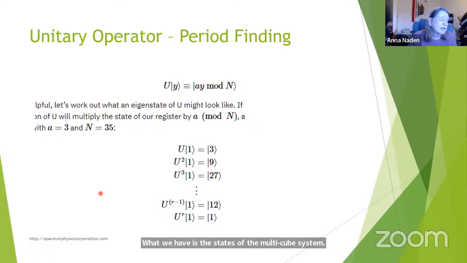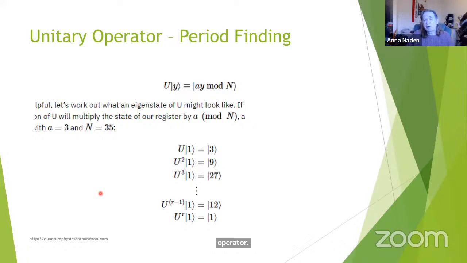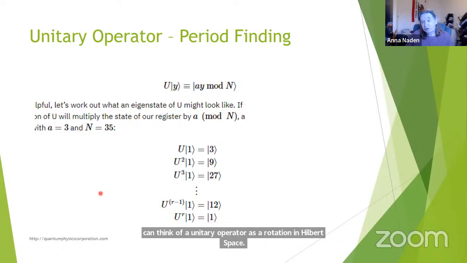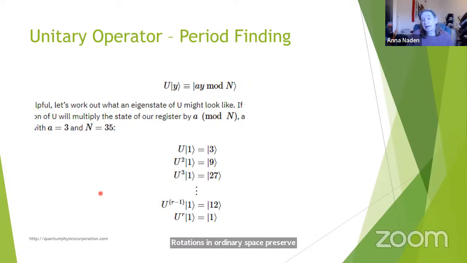So here's where we get into the theory. U is a unitary operator. You can think of a unitary operator as a rotation in Hilbert space. Rotations in ordinary space preserve length. So if I take a car and I turn it upside down, that's not going to change the length of the car. Likewise, rotations in Hilbert space, unitary transformations, preserve the complex norm. It's a generalization of the concept of the length of a vector.